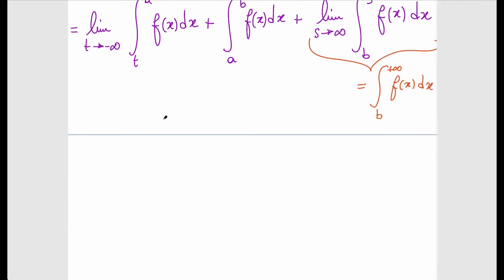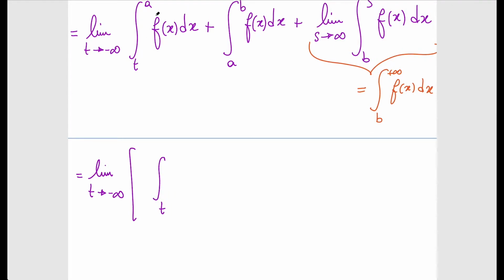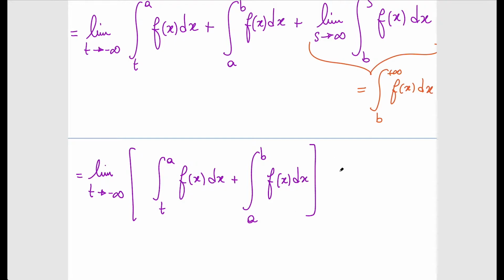So I get the limit as t goes to minus infinity of the integral from t to a of f of x dx, plus the integral from a to b of f of x dx. Correct? Plus that guy, which was this.